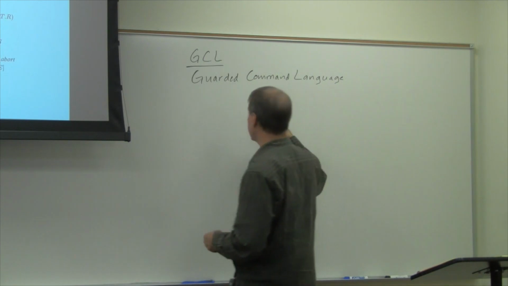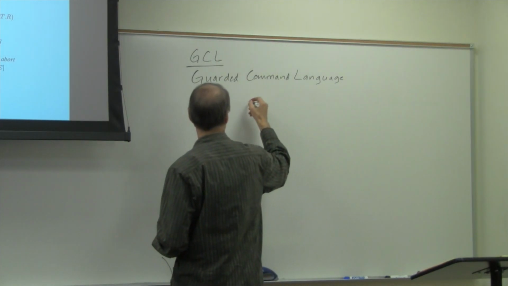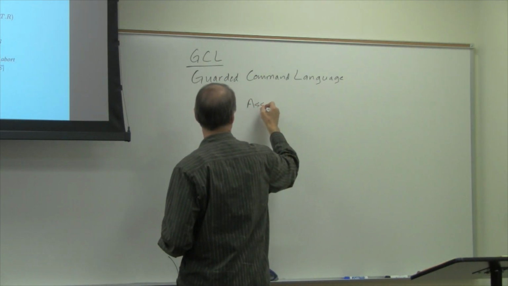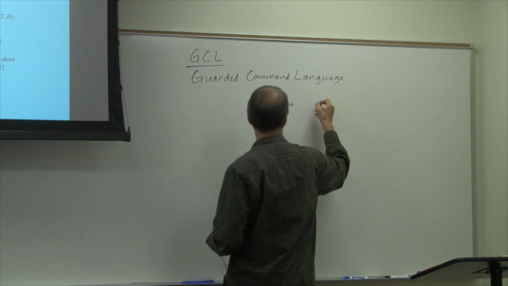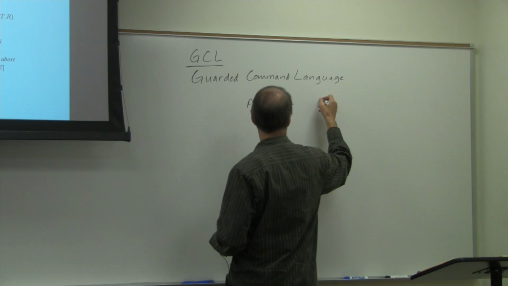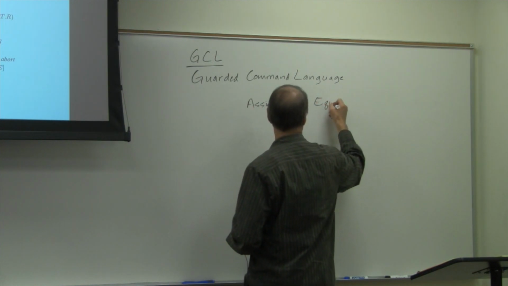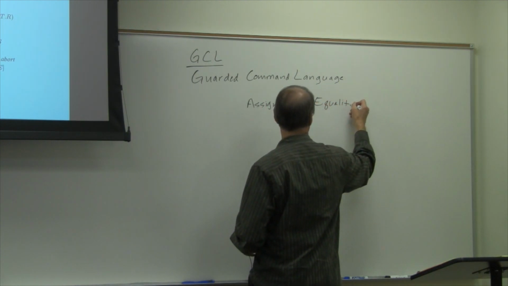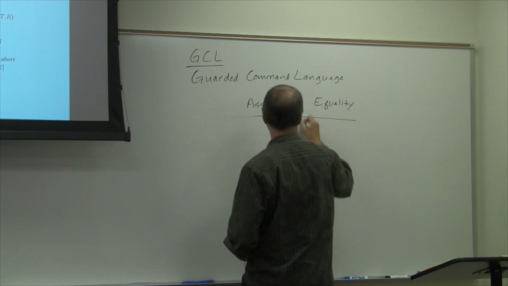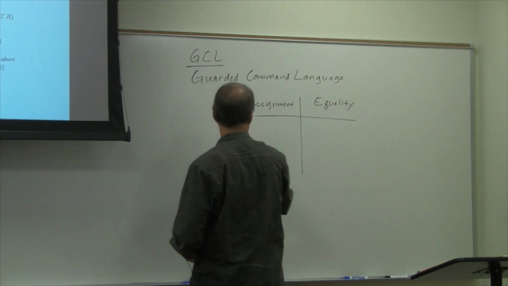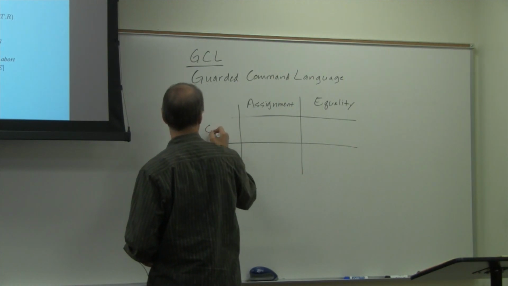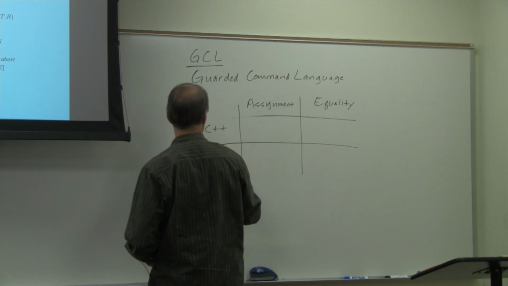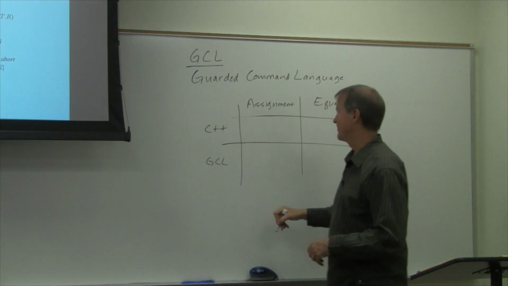And I think actually we could probably, here we said assignment and C++. Yes, assignment and equality. Actually, I remember this table. Yeah, I remember too. This was C++, and this is GCL.